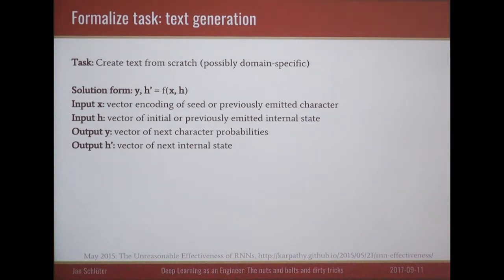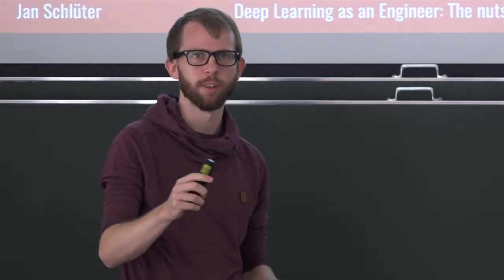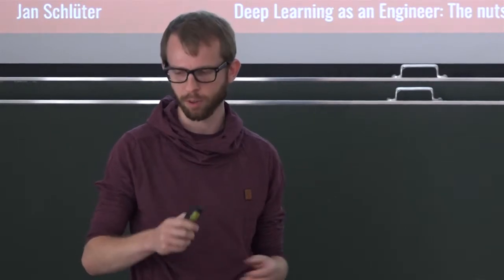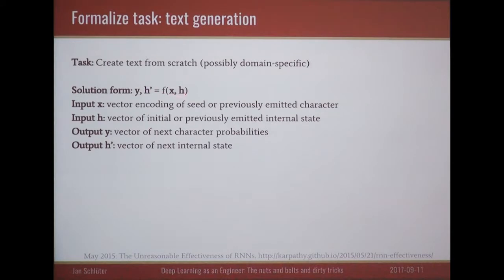And for text generation, we can try to encode the input as some vector that represents the character that was generated at the last step, or in the beginning it would be some seed.